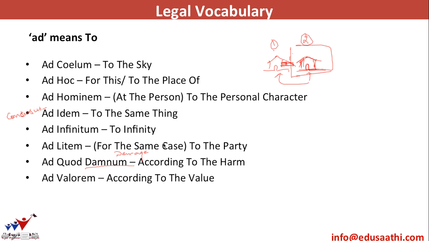Next, we have ad valorem, that is, according to the value. The people who have a little knowledge about taxation in India know that most of the taxation happens ad valorem, which is according to the value. I'll give you an example of factories here, of how they increase the price of any commodity that they are producing.